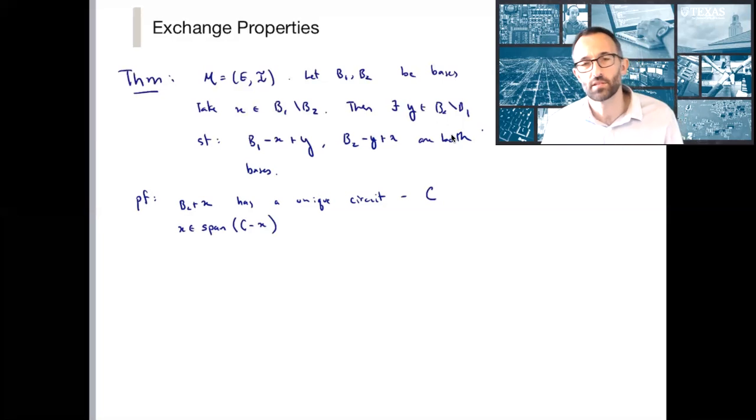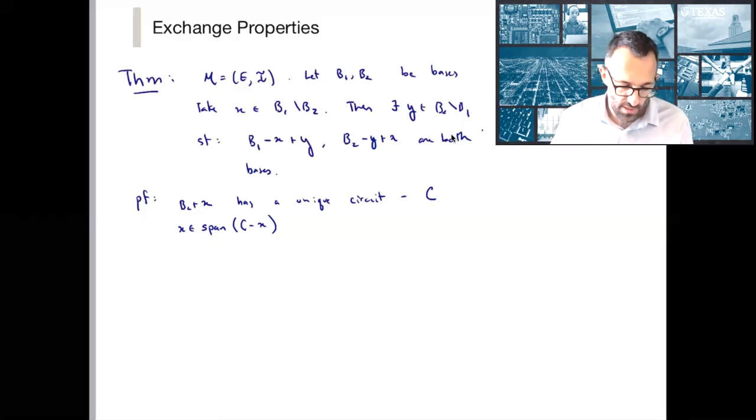Remember, one way we define the span is through the rank function. So x being in the span of some subset U means that the rank of U is equal to the rank of U union x. So that's what this means. And since, of course, the rank of C is equal to the rank of C minus x, x is in the span. I'll just write that.